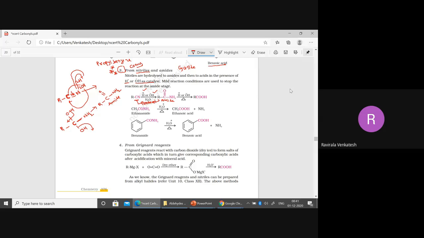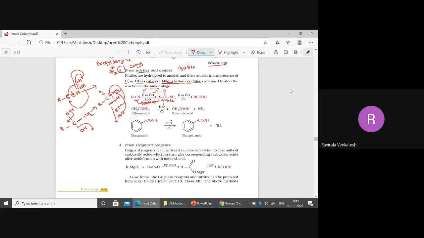On partial hydrolysis with mild reaction conditions, we are getting amides. But if you do complete hydrolysis, one more time add H plus and OH minus. Add H plus to the nitrogen and OH minus to the carbon.